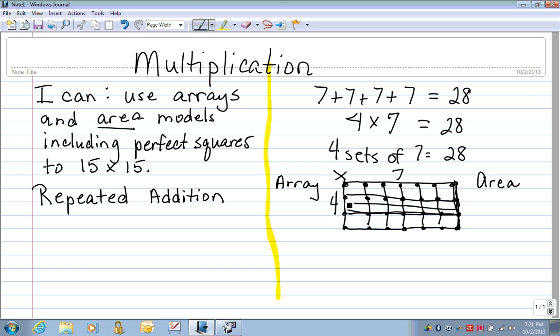So I make 4 squares, 4 rows, and 7 columns. So that is the array, which is the picture of 4 times 7. And it's also the area. If I were to enclose that area and make it squares, then that would become 4 times 7. So the area would be 28 square units.